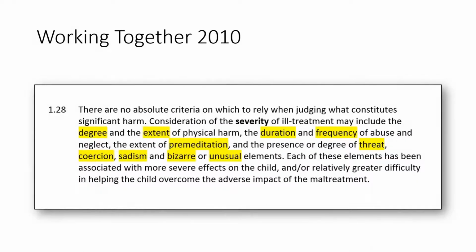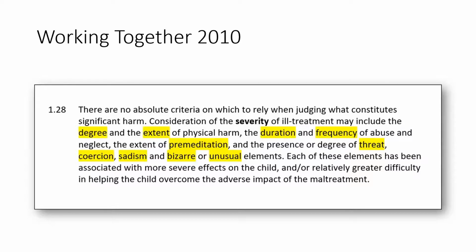In paragraph 1.28 of Working Together, it indicates that one of the aspects of significance is the severity of the harm. We use the words severity and substantiality of harm to convey this aspect.